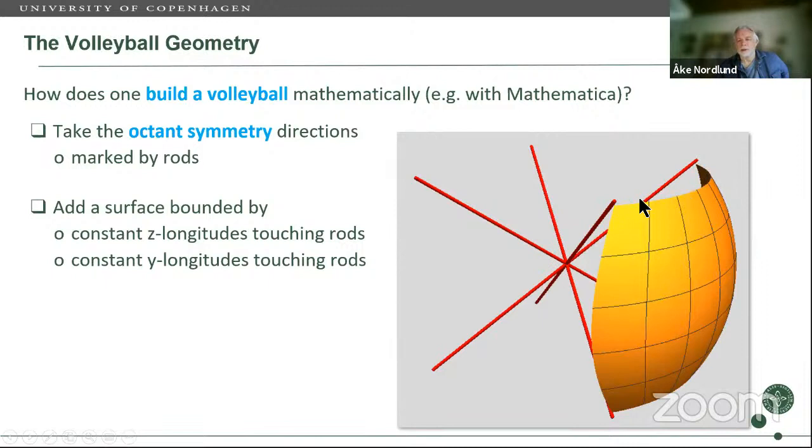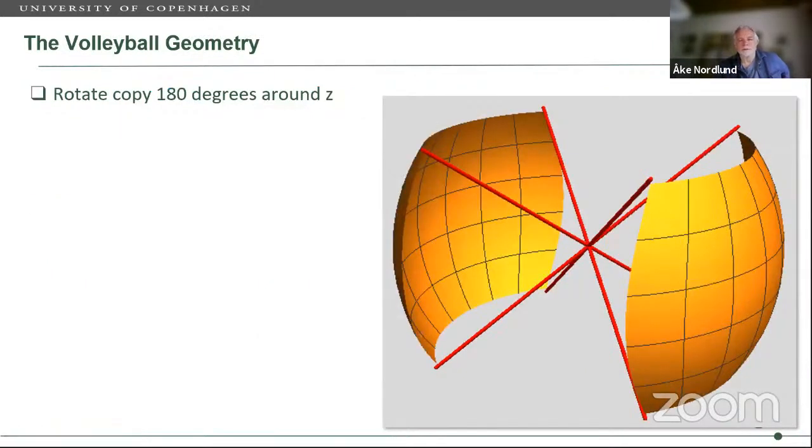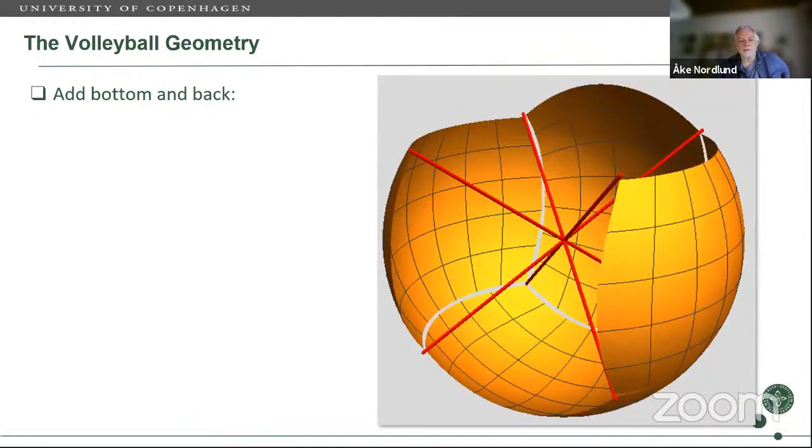So you'll see here it's a constant latitude, and it's a variable in longitude. And then the other direction is bounded, of course, by exactly the same thing spanned by these 4 rods. So you add the other surface like that, and you add one there and one here.